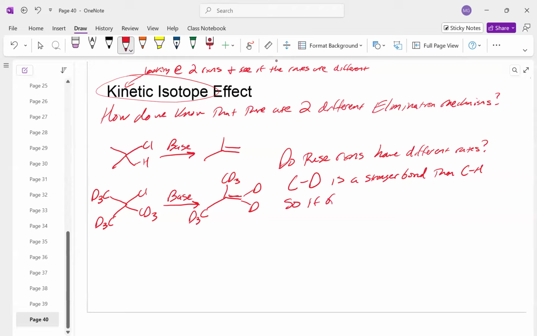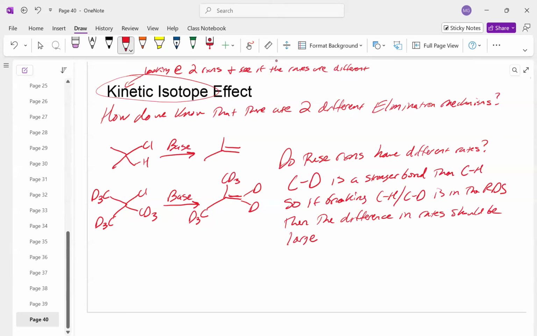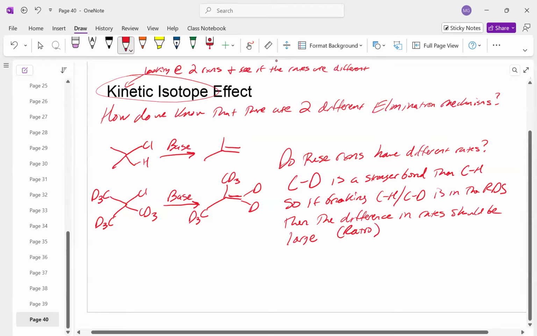So if breaking the carbon hydrogen or carbon deuterium bond is in the rate determining step, then the difference in rates should be large. And when I say difference, we're comparing the ratio of the rates.